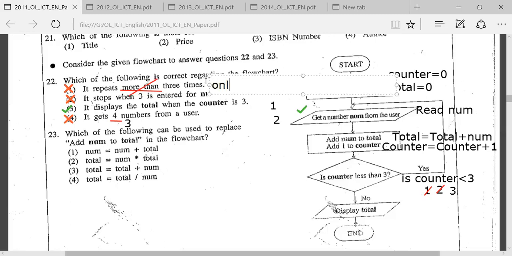Only 3. 3 times only. Right? So for question number 22, the answer option is the third answer option. Right. So that's the end of question number 22.